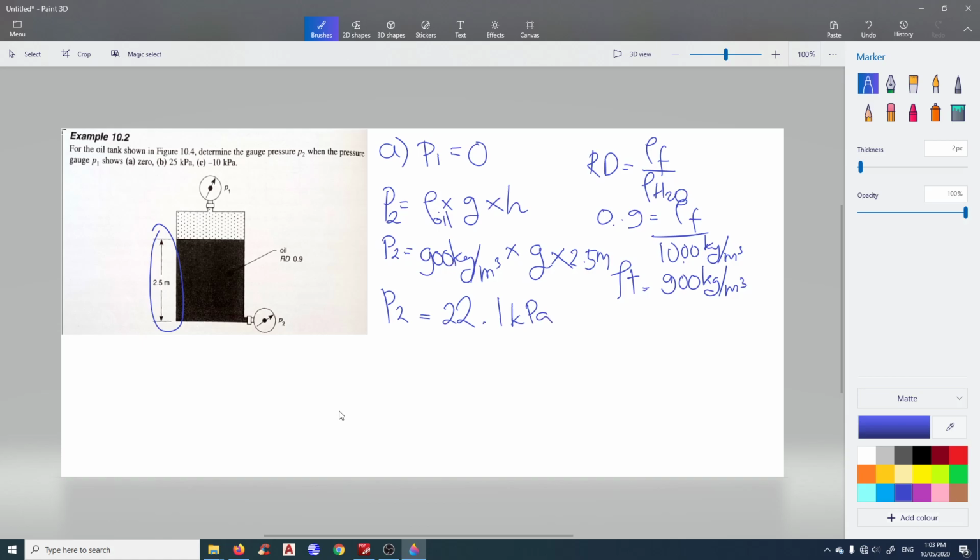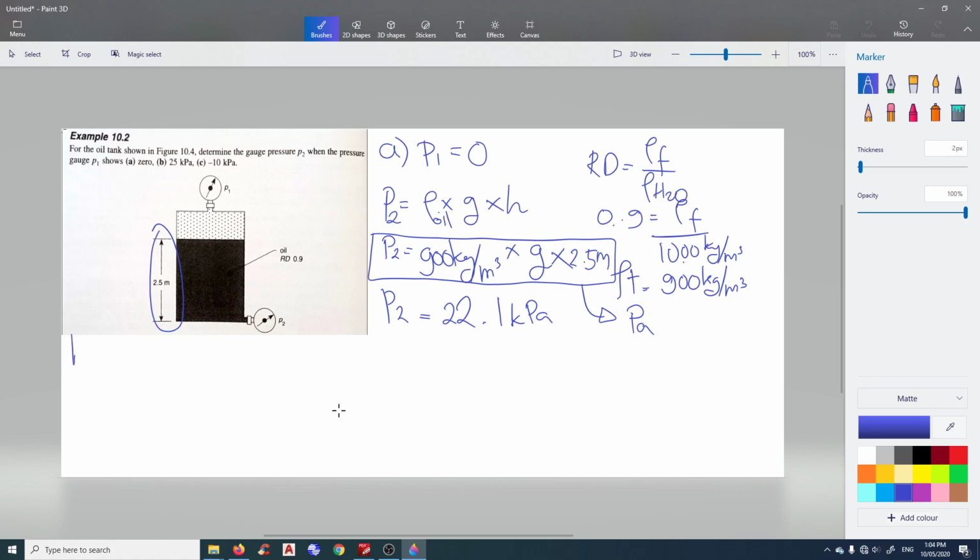Now I jump to kPa here, but in this equation, what's the unit? The unit is actually Pa, Pascal. Just on the final answer, I make it short to kPa. When you do it in your calculator, you have to divide it by 1000 to get into kPa.